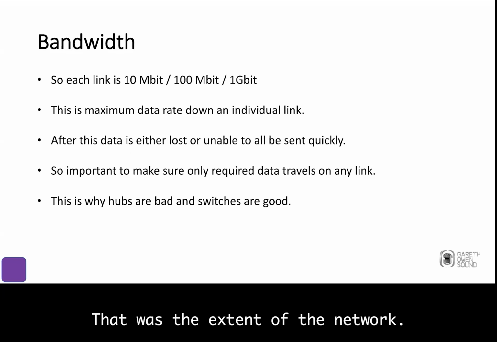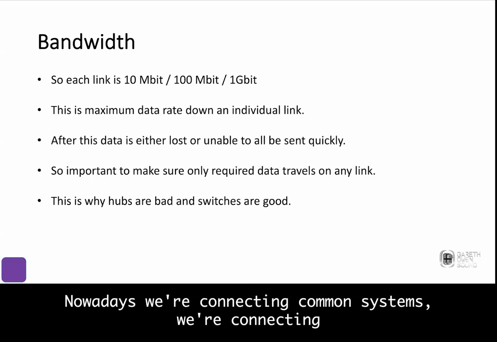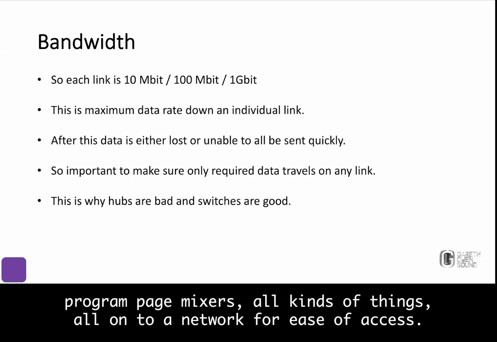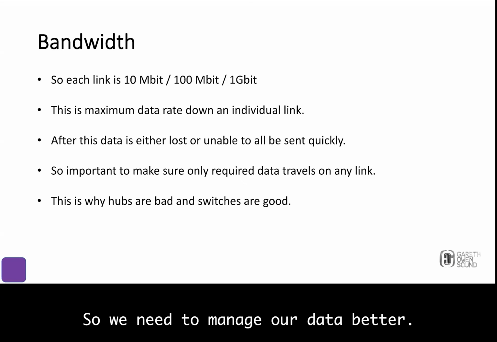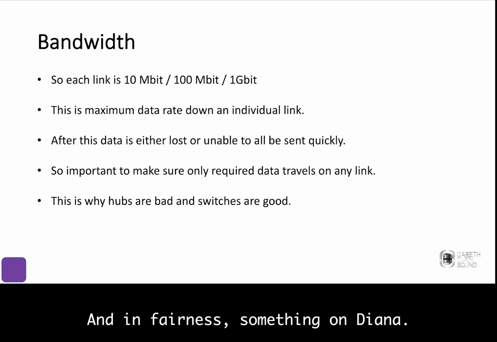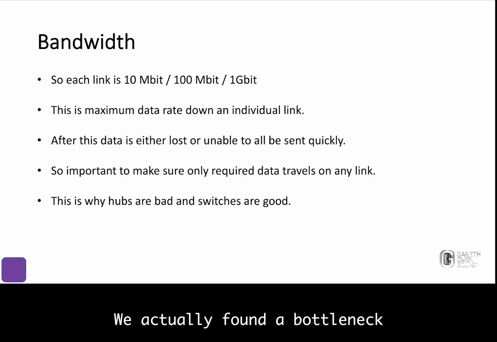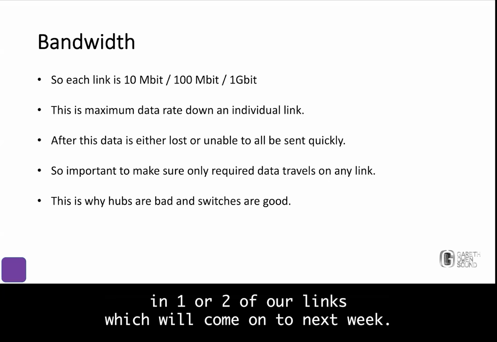That was the extent of the network. Nowadays, we're connecting comm systems, program page mixers, all kinds of things, all onto a network for ease of access. So we need to manage our data better. And in fairness, on Diana, we actually found a bottleneck in one or two of our links, which we'll come on to next week.